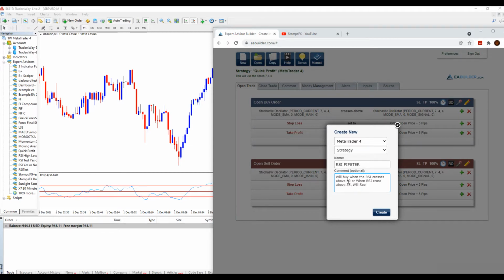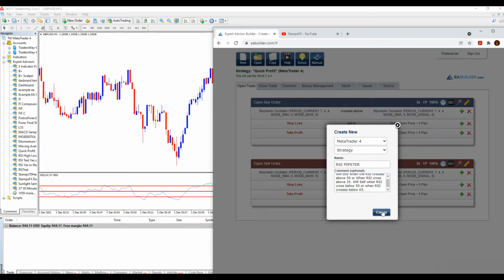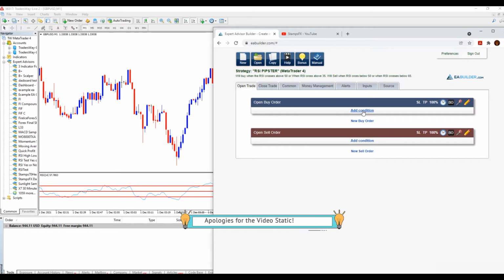We'll sell when RSI crosses below 50, or when RSI crosses below 65. So those are our parameters. That is what we are going to use to actually create this expert advisor.